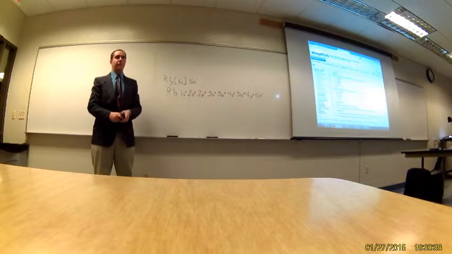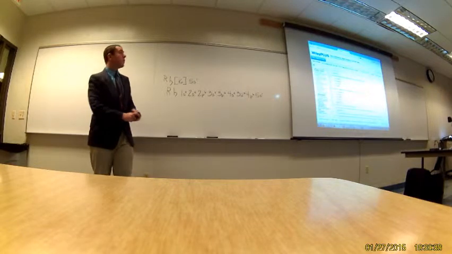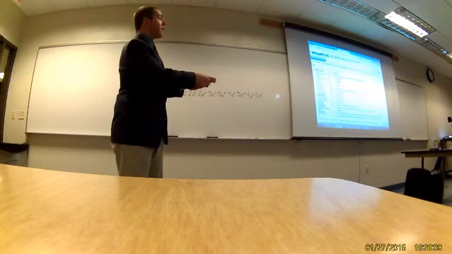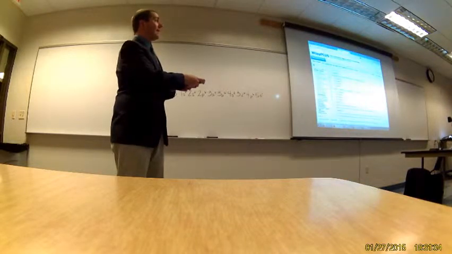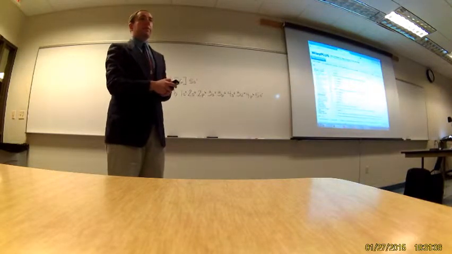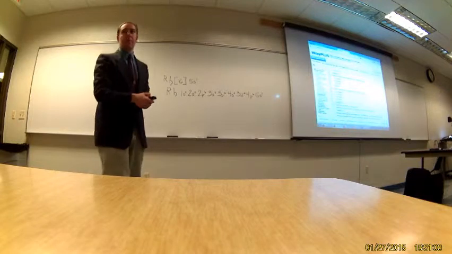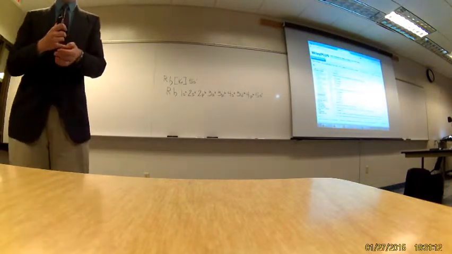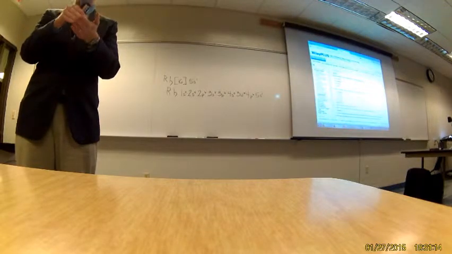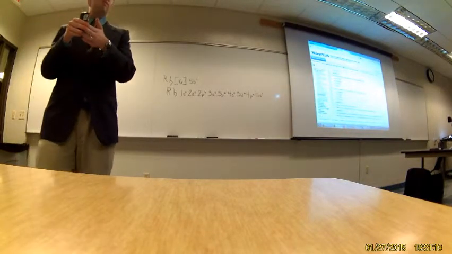Do we have to have both formats? No, because the question will tell you what to do. It says write the complete electron configuration, that's the long one. If you look at the written homework, I think one of them I said use noble gas notation to write the electron configuration.